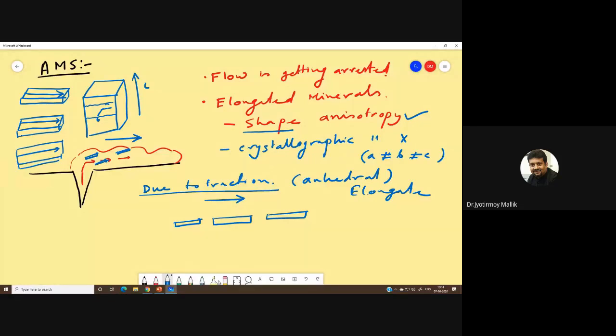Meanwhile, because of the presence of the Earth's magnetic field at that time, it will acquire magnetization. So while this process of quenching of the rock is happening, it will also acquire magnetization, because some sort of H is working.